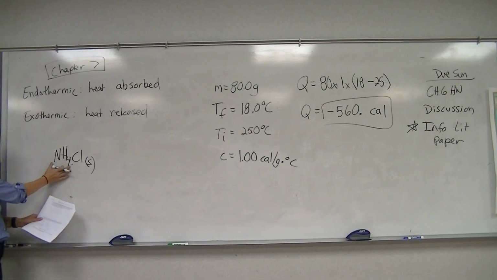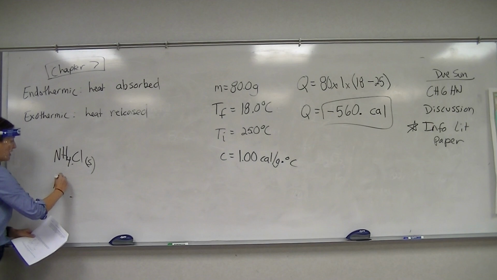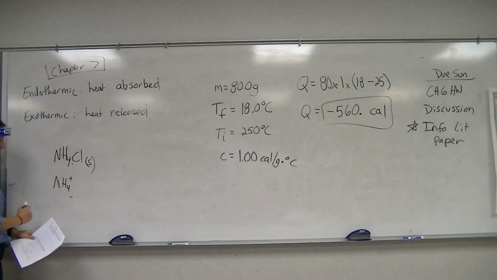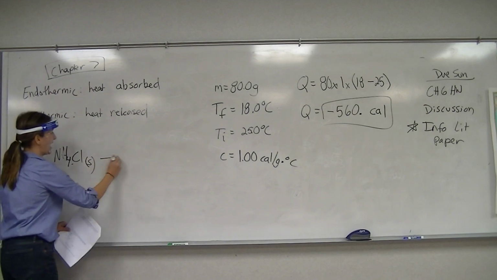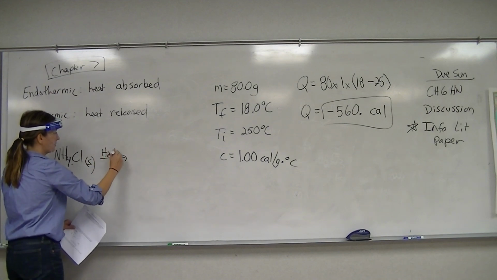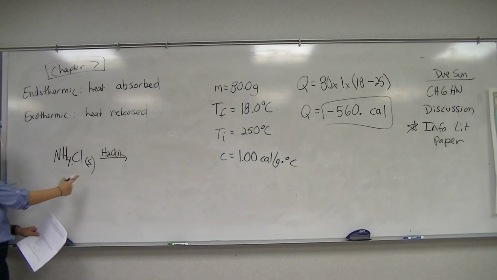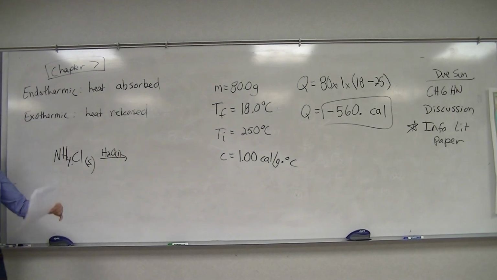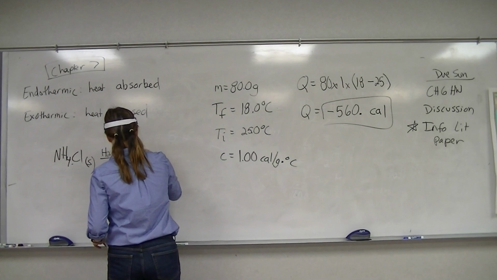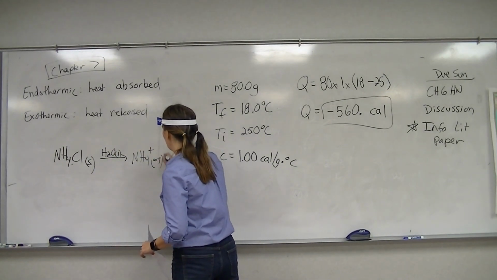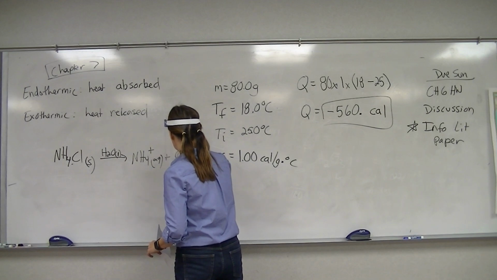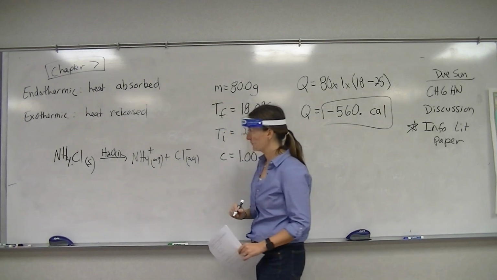It is ionic because NH4 is one of those NH4 plus ions, one of those polyatomics. Since we have ions involved, once we add water to it, it's no longer a solid. It's now two ions in solution. So we have NH4 plus ions and Cl minus ions in solution.